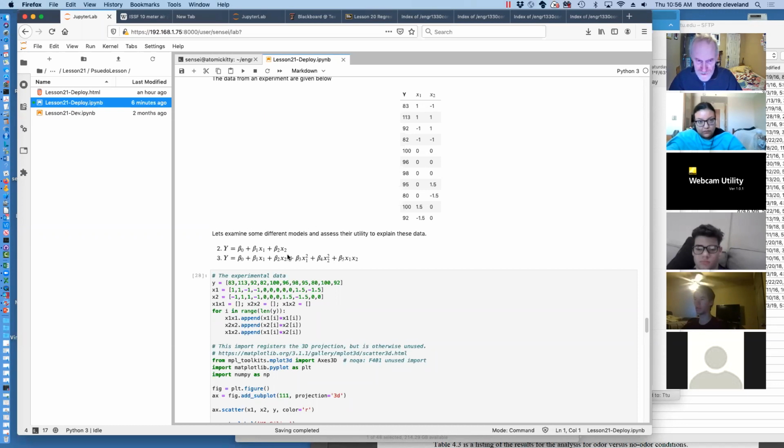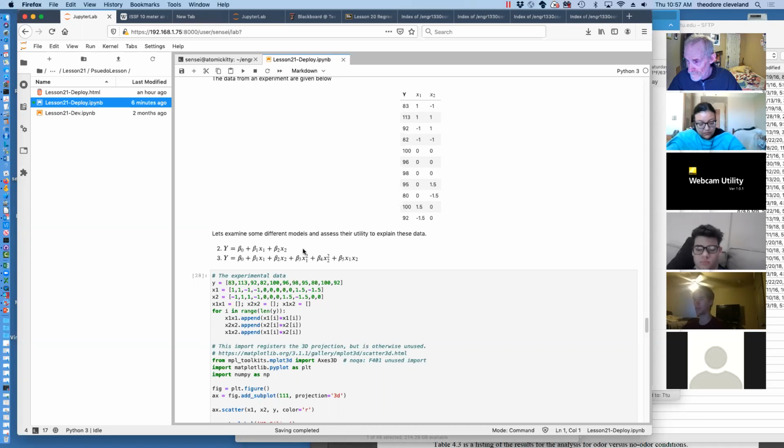Is that equation affine? Affine is a fancy word for: is it an equation that's linear in the coefficients? In other words, is y a linear combination of beta 0, beta 1, and beta 2?